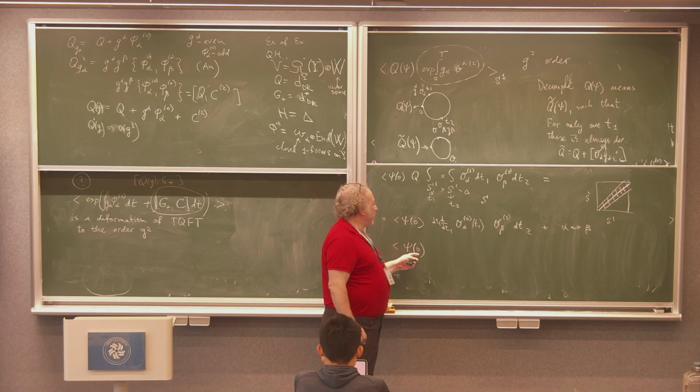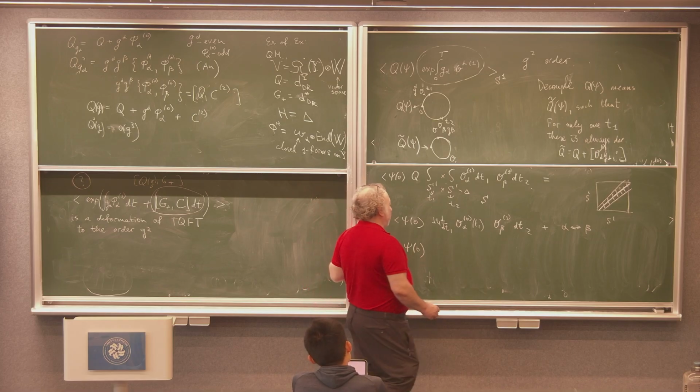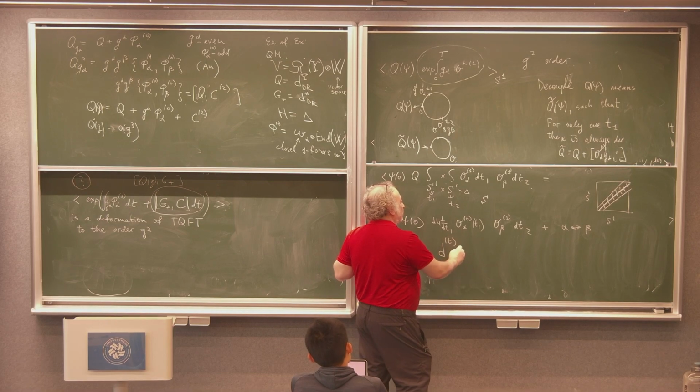So here we have psi 0. And here we have total D over T.